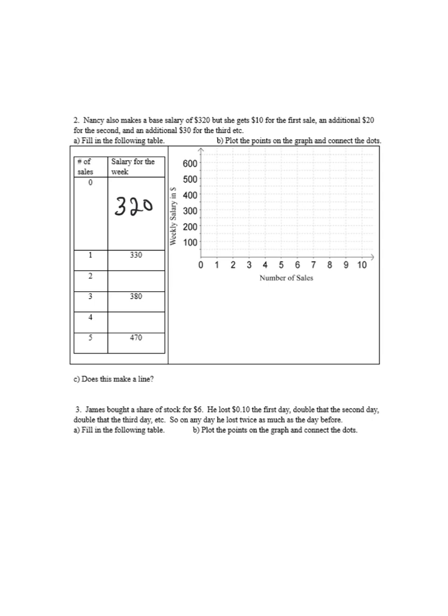Now, if it was 2 sales, they would get an additional $20. So $10 from the first sale and an additional $20 for that next sale. So that would be $20 more than the $330, so $350. And then $30 for the next sale. That's why that's $380, right?